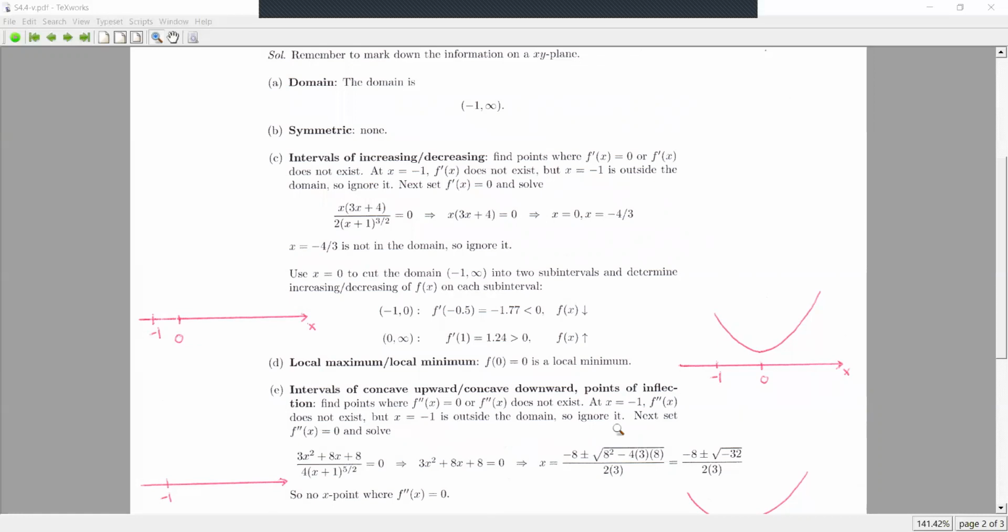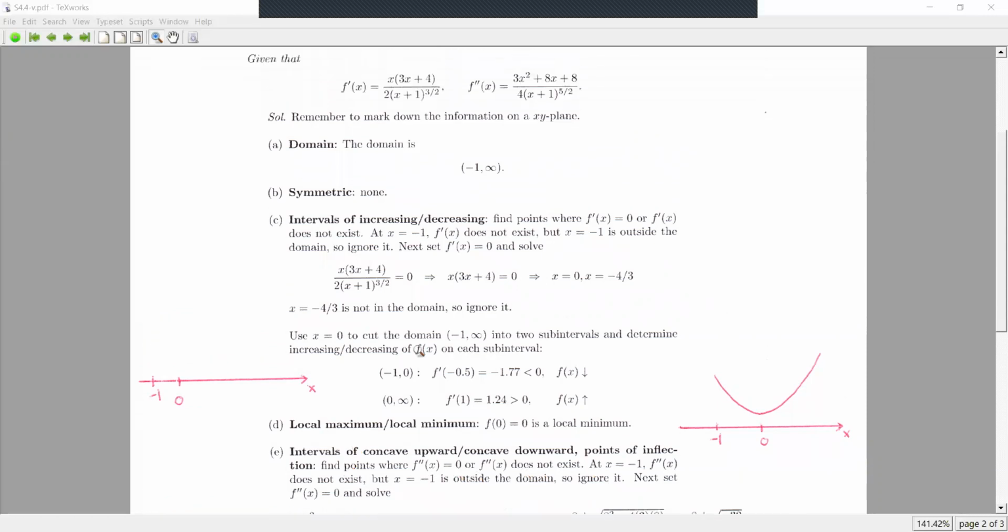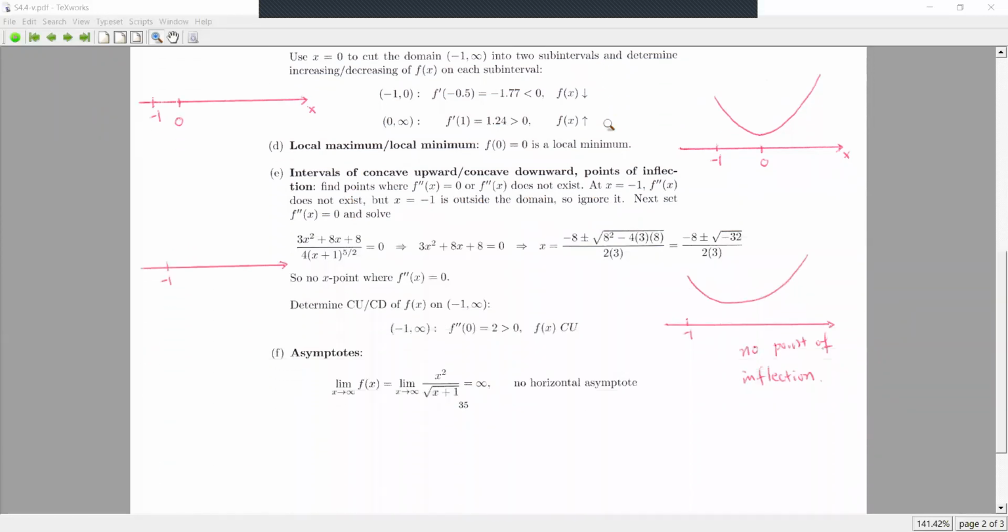Okay, now find points where the second derivative is 0. Set the second derivative to 0. Then solve this equation. Move the denominator to the right to get this. Now to find the solution of this equation, I use the quadratic formula.